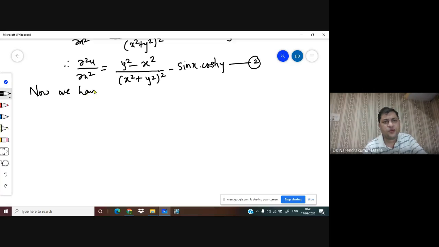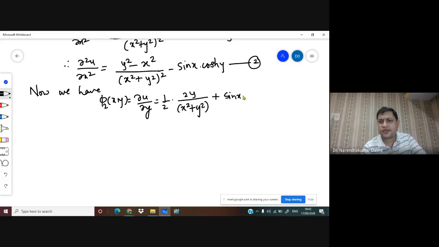So let us find the derivative. We have phi 2 of xy is equal to del u by del y. So this is again half into 2y upon x square plus y square plus sin x as it is, and the derivative of hyperbolic cosine is hyperbolic sin y. We are finding the derivative with respect to y, that's why we have to be careful.